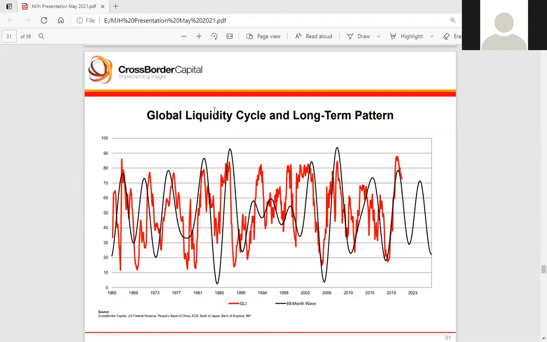How to put it? I don't see where the role of reflexivity is, or broadly defined, the interaction between markets and policy.